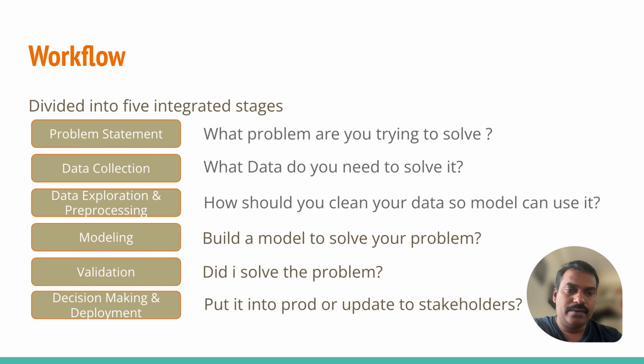Then you need to clean your data so that it is accurate to build the model, so that you will get the nearest predictions. Once you have the useful data, you will build a model using Python programming to solve your problems.